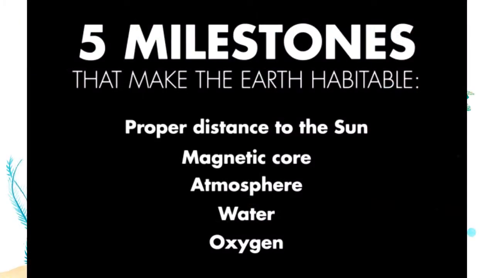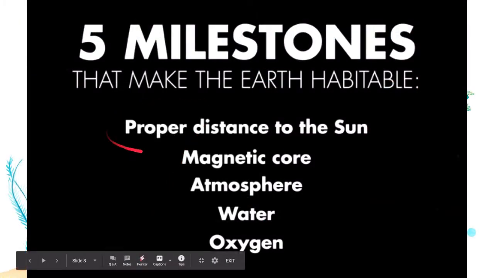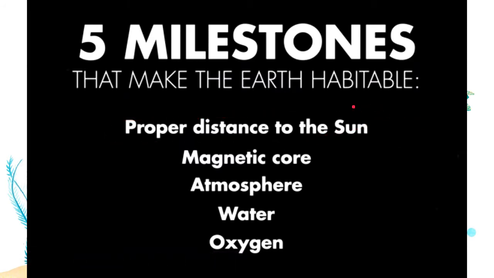Now, just to summarize, we have already tackled in the previous series the factors that make it possible for life to exist on our planet. Basically, we have that proper distance from the sun. We are found along that Goldilocks region, where it's not too hot and not too cold, enough for liquid water to exist. We have a magnetic core that protects us from very harmful cosmic radiation.